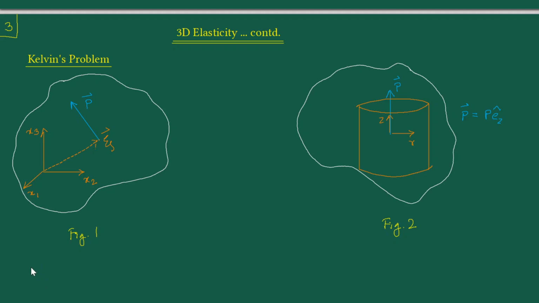So what we say is that at x vector tending to infinity, the u vector is going to be equal to 0.